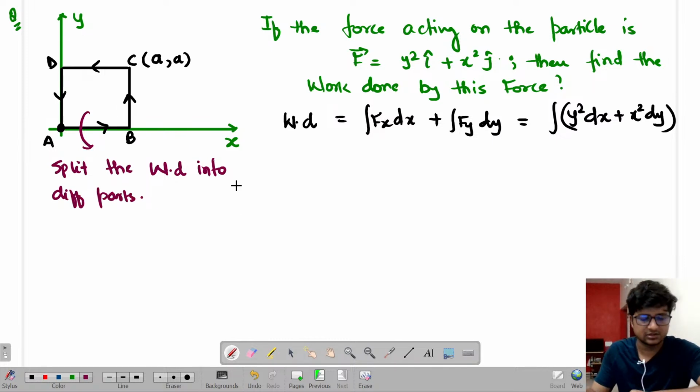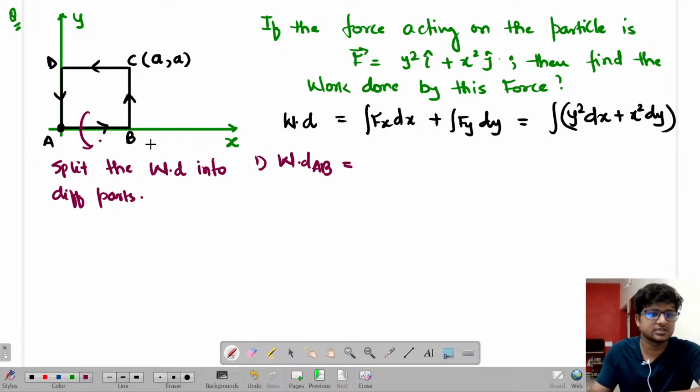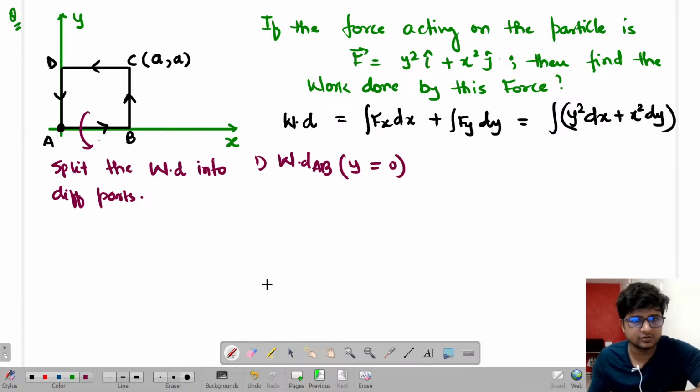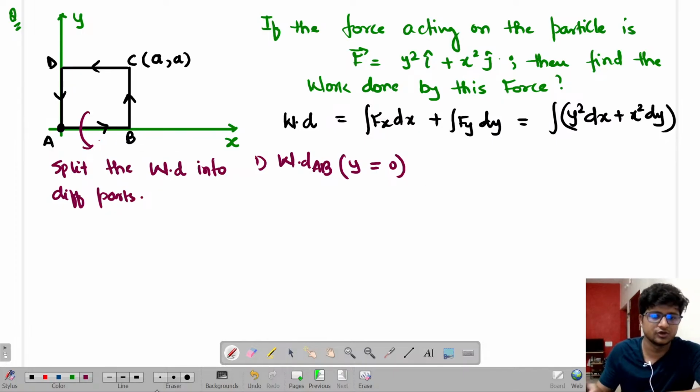Start with the first one. Work done by AB, work done in the range AB. Look over here. In this range AB, what is my y coordinate value? 0 or not? Yes. And the value of x goes from here to here, 0 to a.